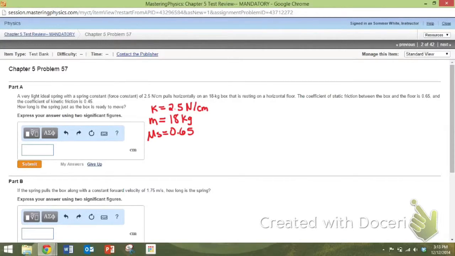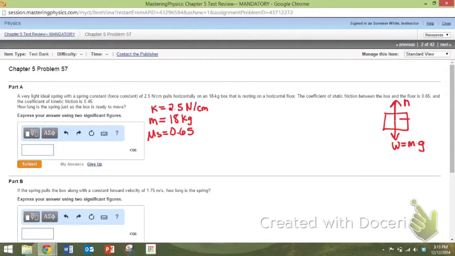We can then use this information to draw our diagram. We start with our box. We know that we have a force down, that is weight, which is mass times gravity. We also know that this is a horizontal force, and it is resting on a surface. This is our normal force.